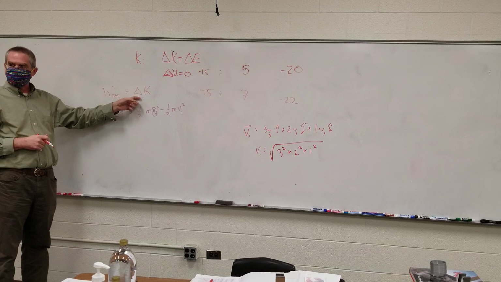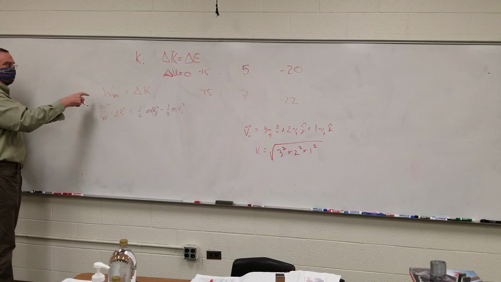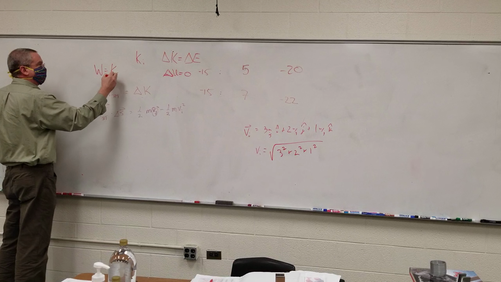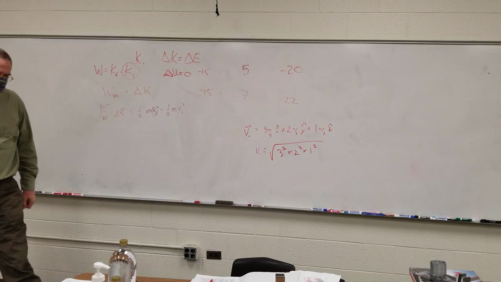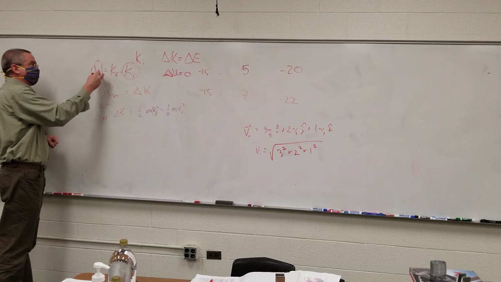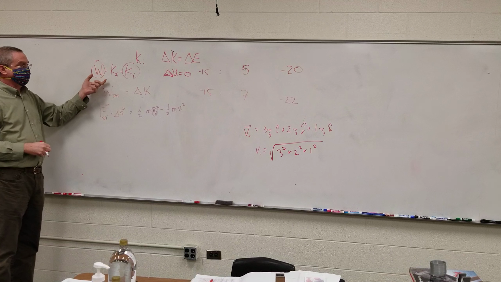Set that equal to the change in kinetic energy. Yeah, I found the work. So once you have the work, that work is going to be K final minus K initial. That you already found in part I, so solve for Kf, and that's just 1/2 mv squared.